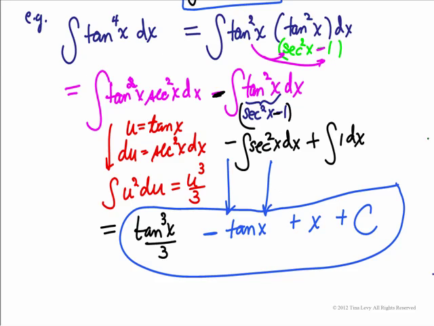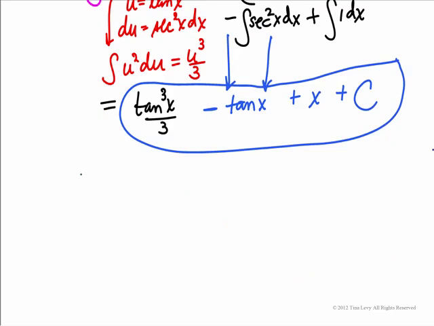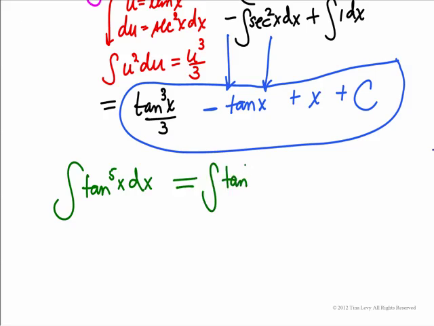Now we're going to do the antiderivative of tangent x to the fifth power. So we pull out a tangent squared, which leaves us with a tangent cubed. Then we have the tangent squared dx.